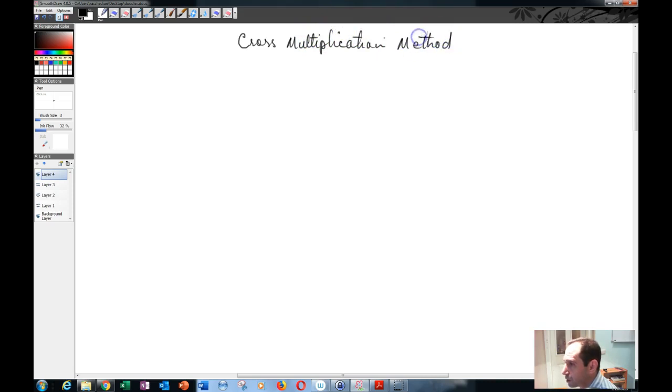And what that is, basically, if you have two linear equations in two variables, meaning that if you have a1 x plus b1 y plus c1 is equal to 0, and a2 x plus b2 y plus c2 is equal to 0.